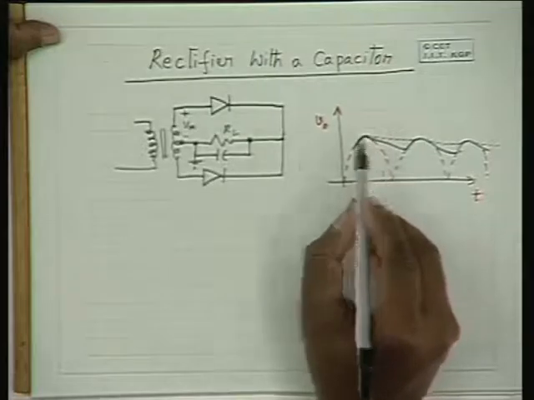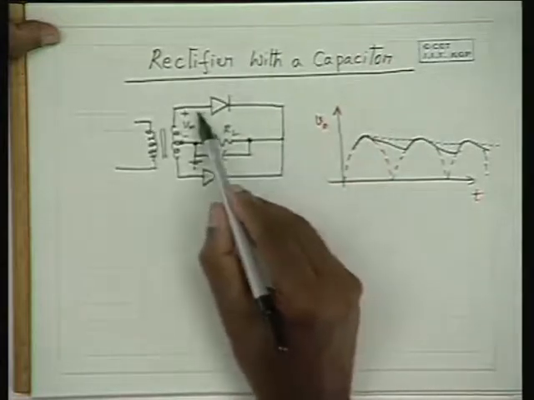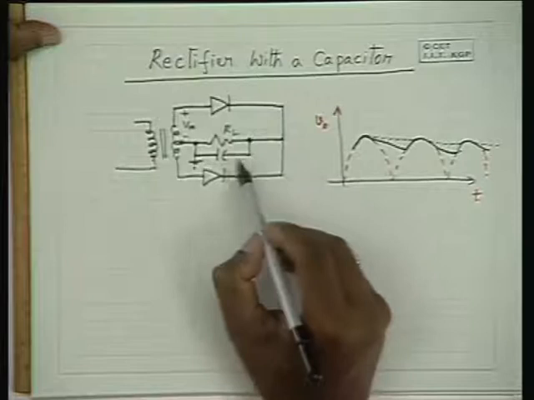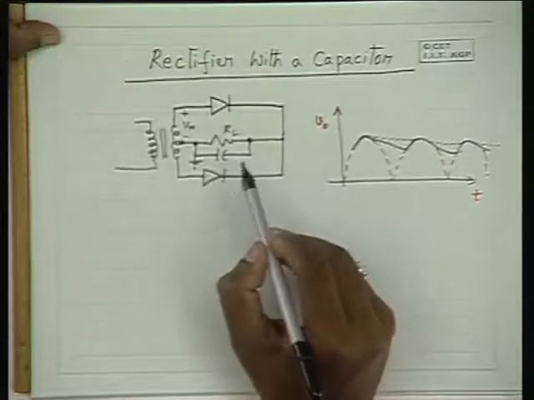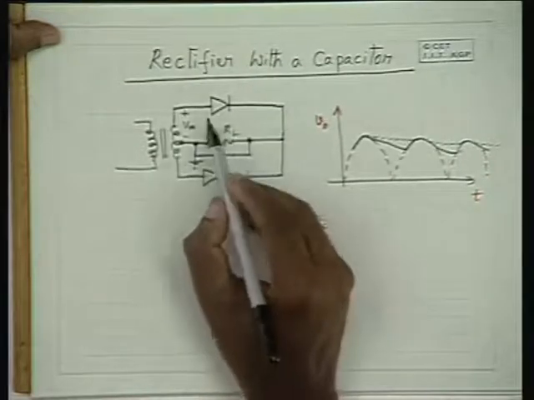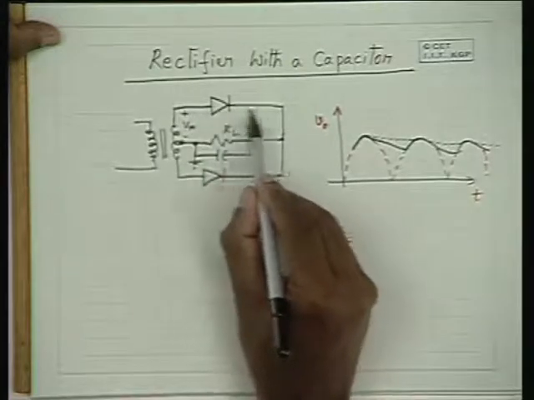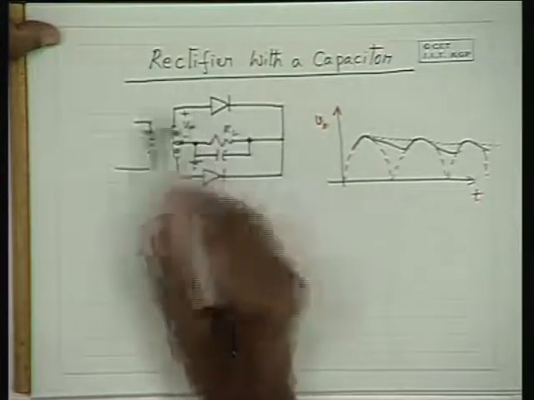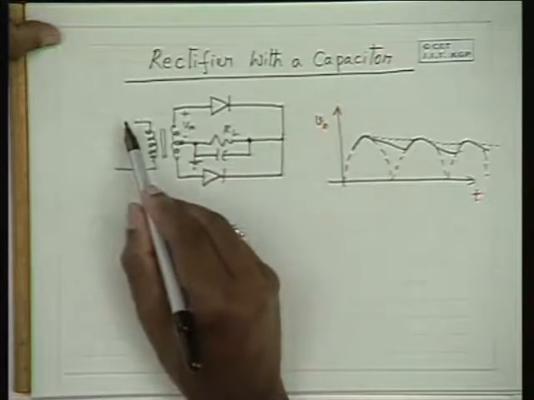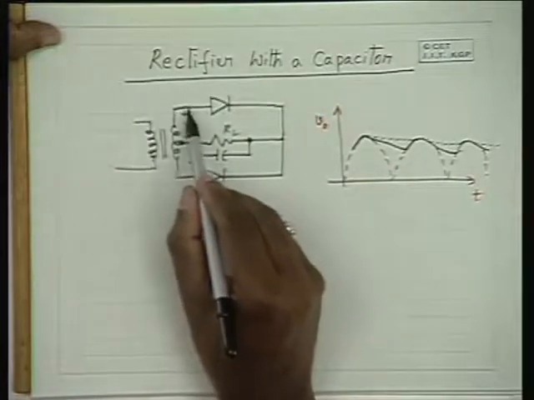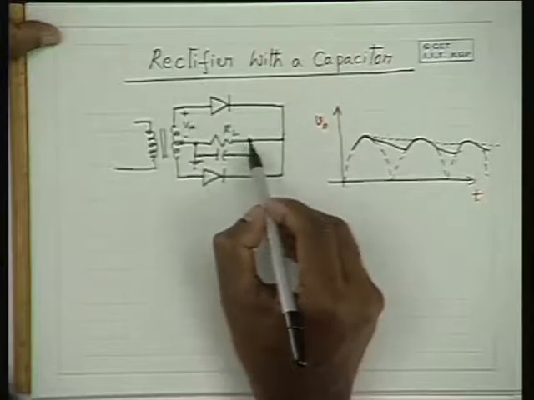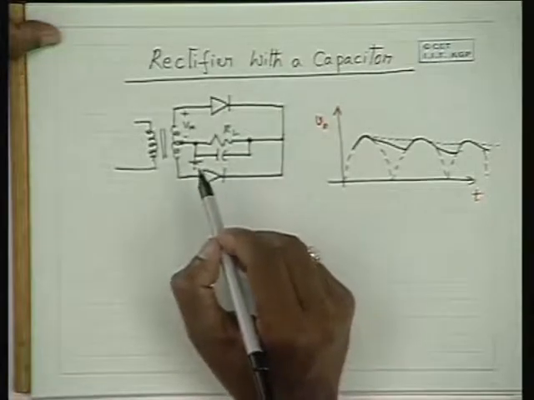Well, with a lag corresponding to the resistance, the capacitor gets charged with a time constant equivalent to the series resistance of this diode, and if the source has some resistance, that resistance is added, and through that the capacitor gets charged.